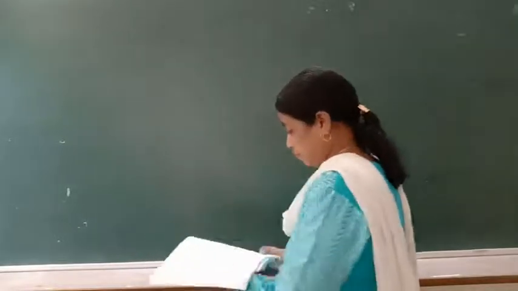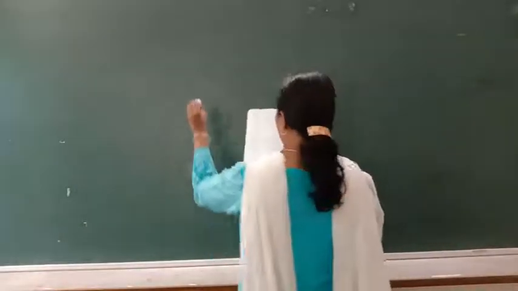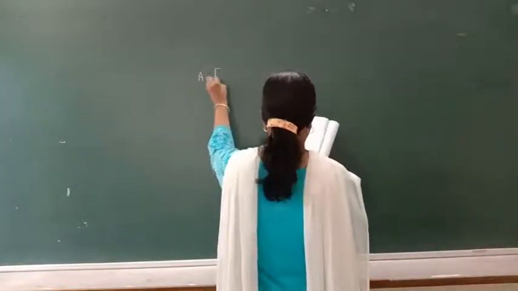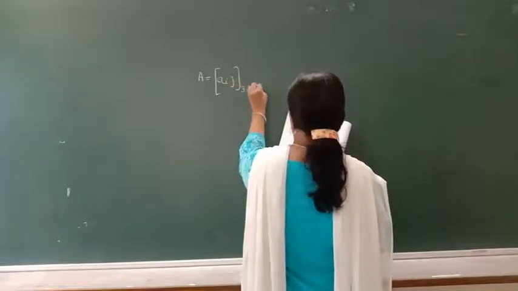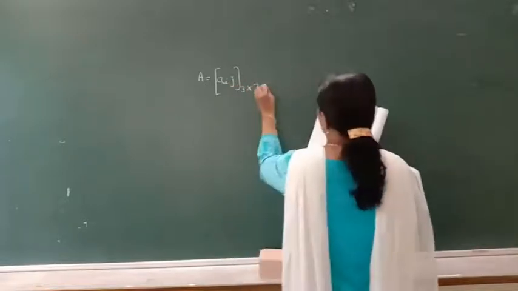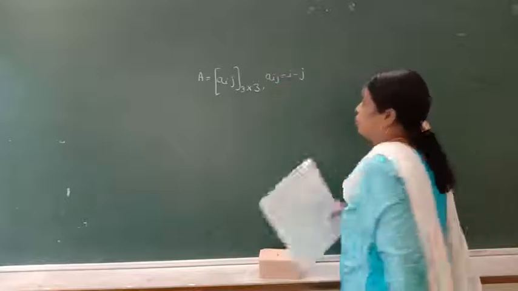Next. Construct a matrix A equal to Aij of order 3 by 3, where Aij is equal to i minus j.